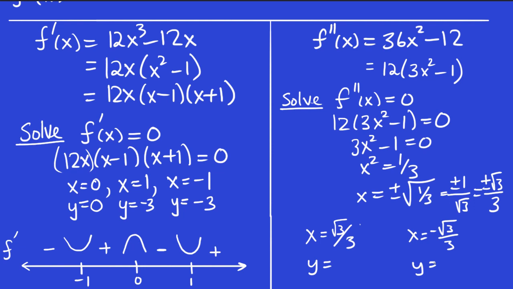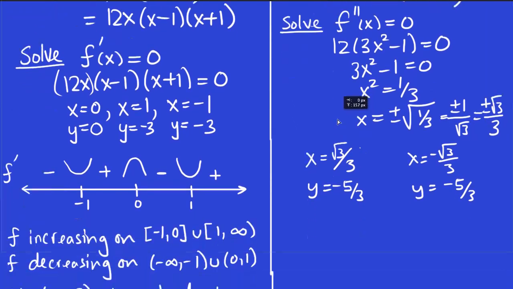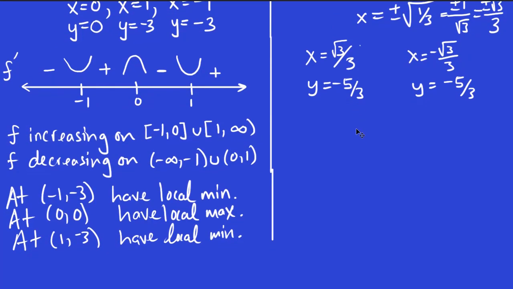I'm just going to type this in myself and see what I get here. So it's minus 5 over 3. And this one's going to be the same, right? Our function is actually an even function, so it's going to be symmetric about the y-axis. These are our potential inflection points here, right?